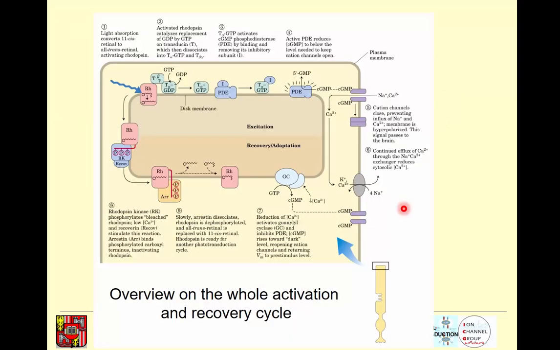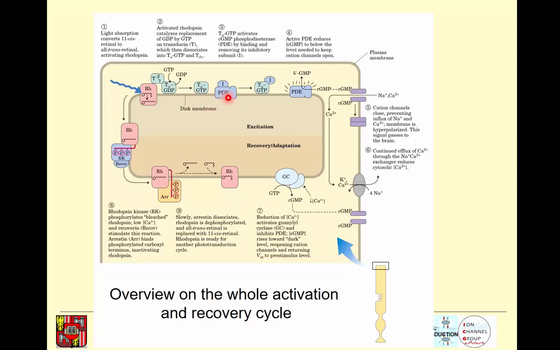So let me now present an overview of the mechanism, and here you can see where these processes take place. We start here with the rhodopsin that gets activated by light. When rhodopsin is activated, the signal is transmitted to the transducin, which dissociates with an activated alpha subunit of transducin with a GTP bound.